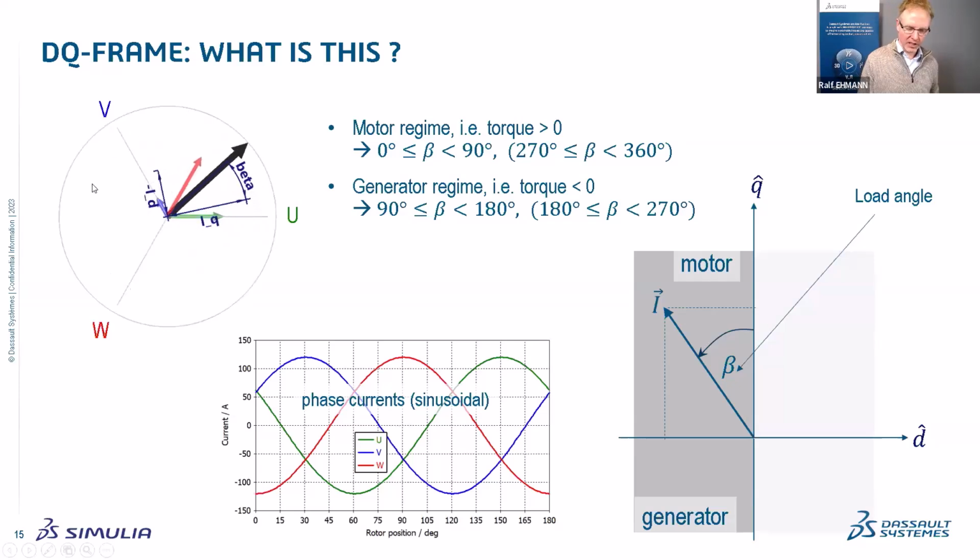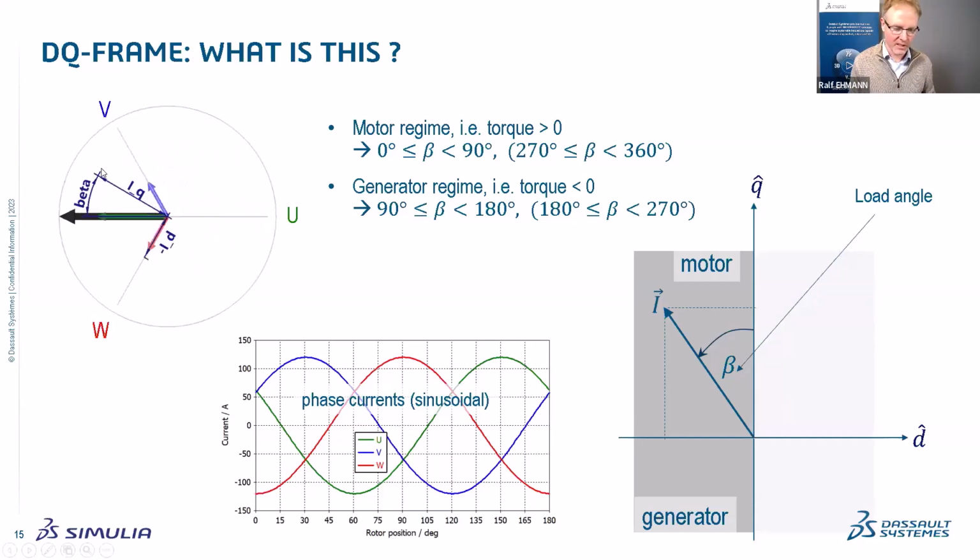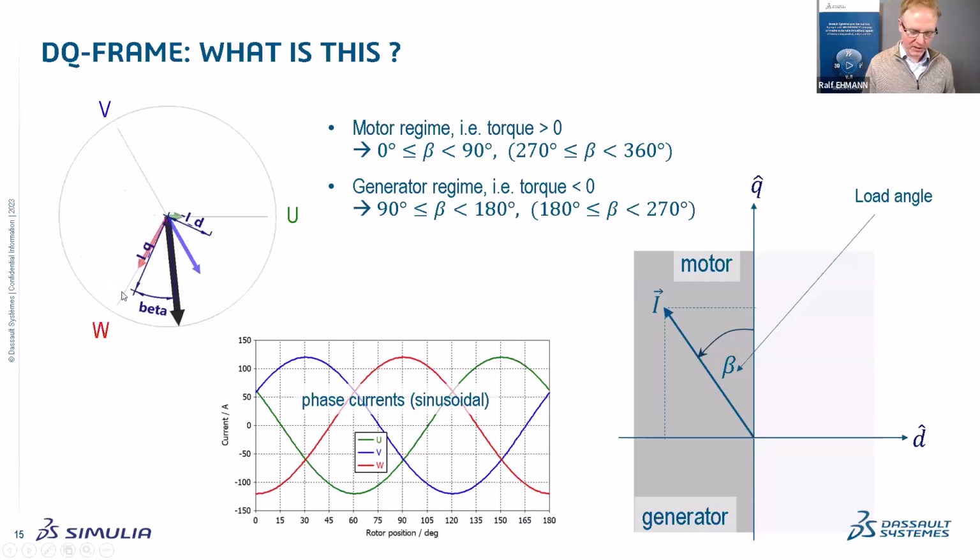And when you co-rotate with your coordinate system, it means that the D and the Q component of this current is constant. And there is some beta angle between them, and beta is called the load angle.